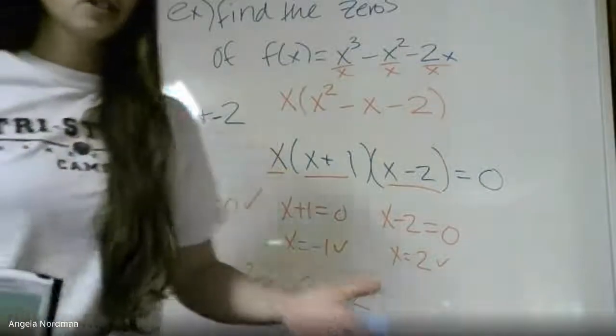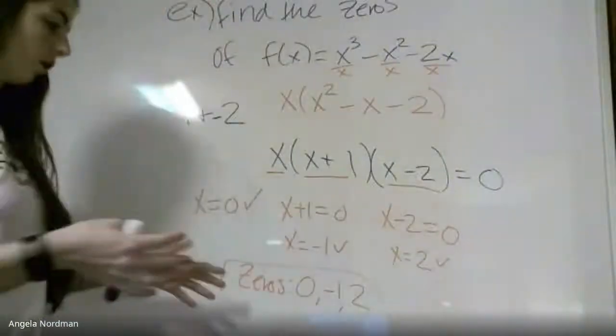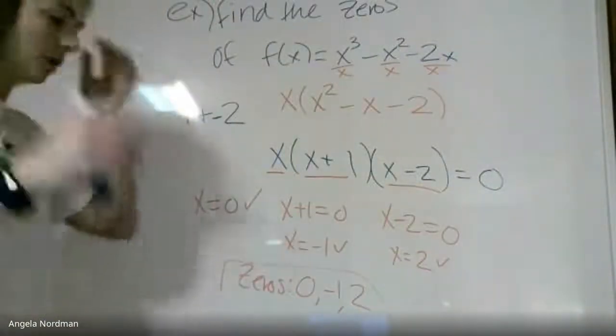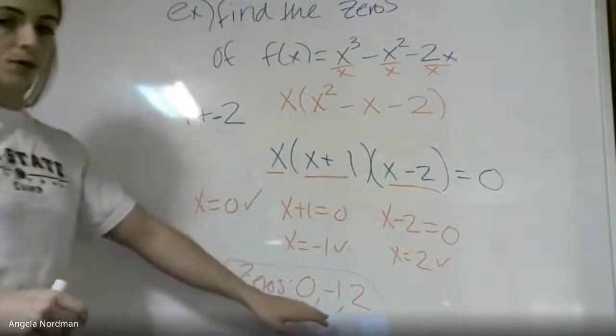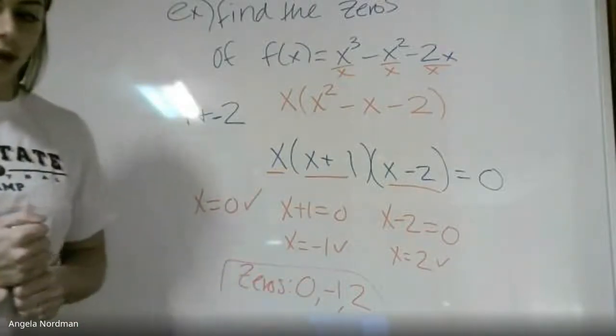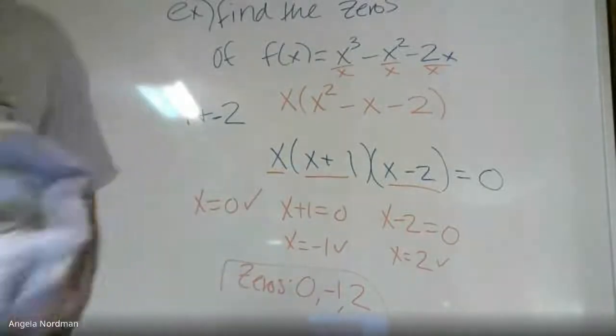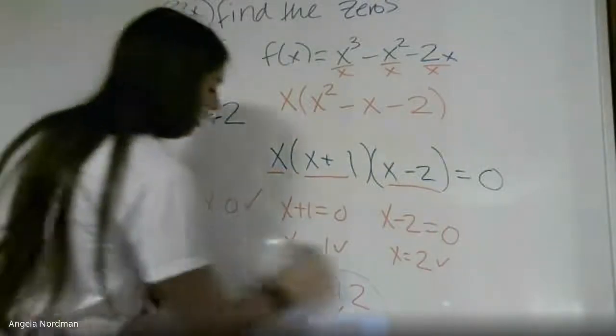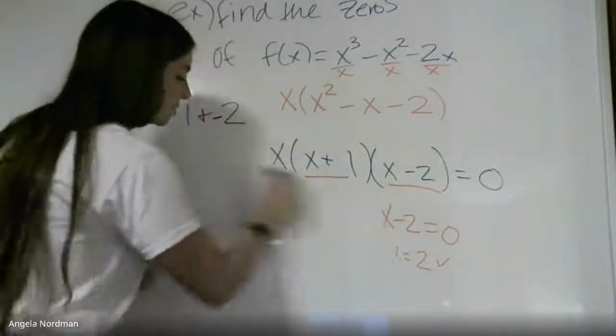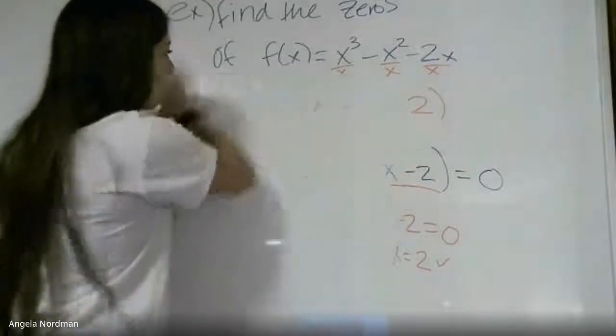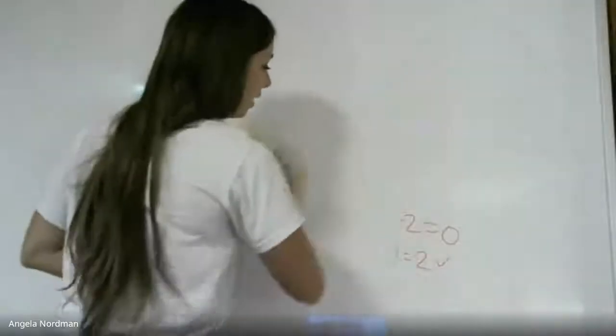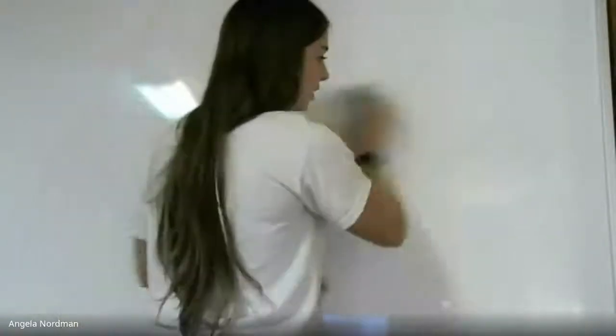When I'm finding solutions to x, when I'm looking at my graph, all of these things tell me where x is equaling 0, or my y is equaling 0, or that I have zeros or solutions to my function. Okay, we're going to do one more that's a little bit different. So finding zeros, this is basically it. You have to factor and be able to set parts equal to 0 and solve.